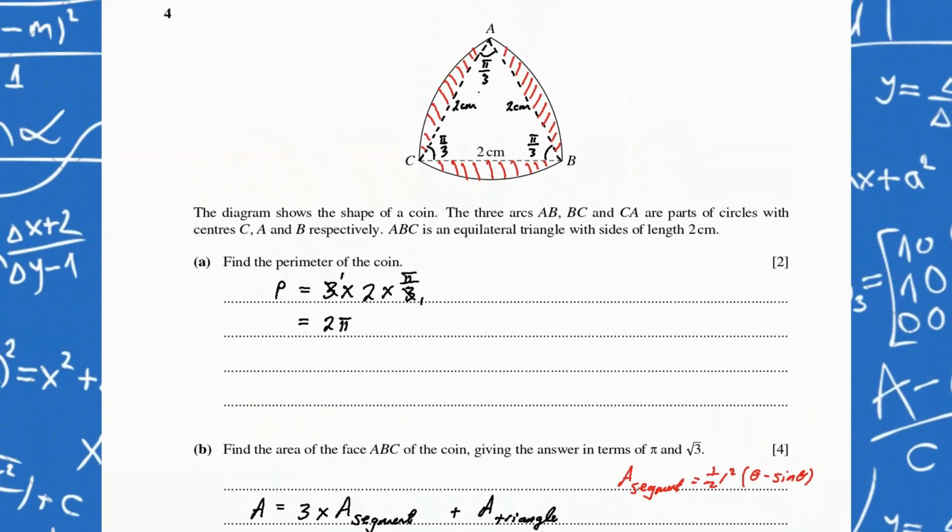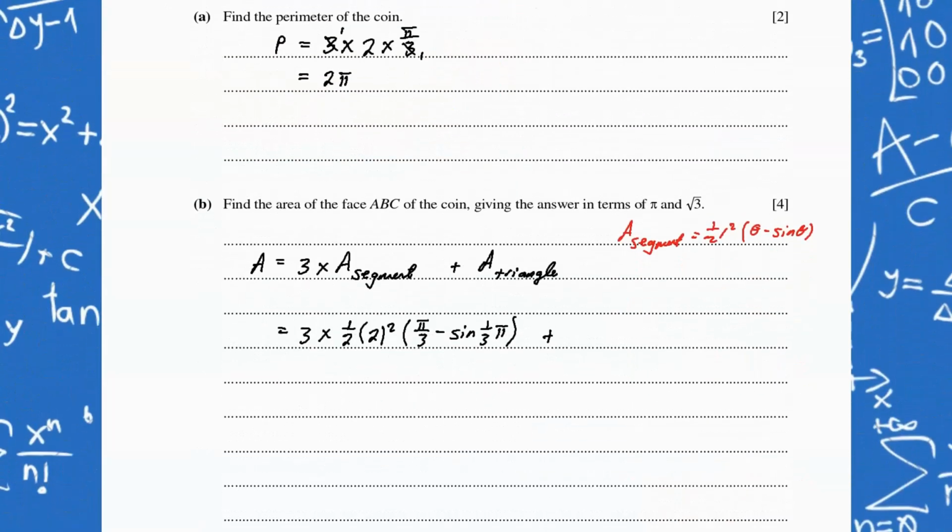The triangle is equilateral, and we can use half side times side times sine of the included angle, so it's half AB, which is half times 2 times 2 times sine of pi over 3. That's the area of the triangle.